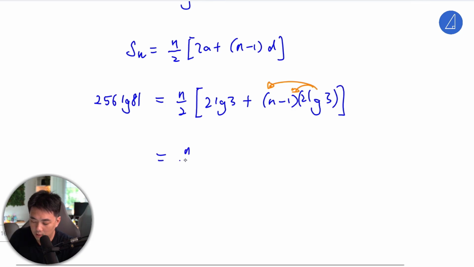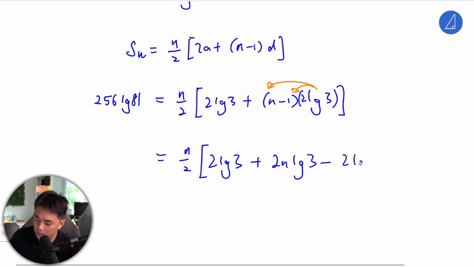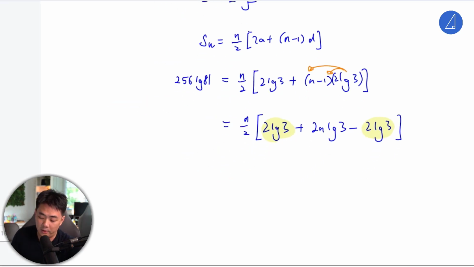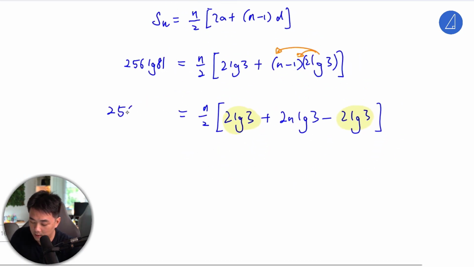Then we'll get n over 2 log 3 plus 2n log 3 minus 2 log 3. So these two are the same quantity, so minus off will be 0. What is left behind is just n over 2 times 2n log 3.